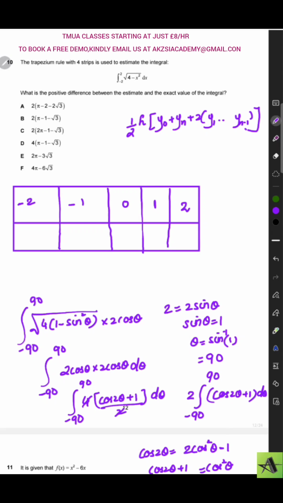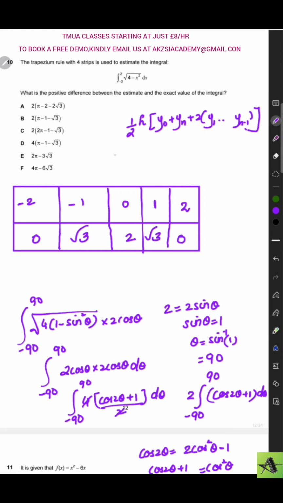When I substitute the value -2 in this given equation, which is root of 4 minus x squared, it will obviously give me 0. When I put -1 here, this will give me root of 3. On putting 0, I'll get 2. On putting 1, I'll get root 3. And on putting 2, I'll get 0 again.